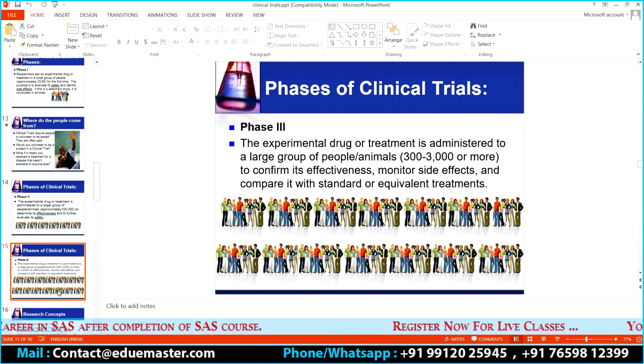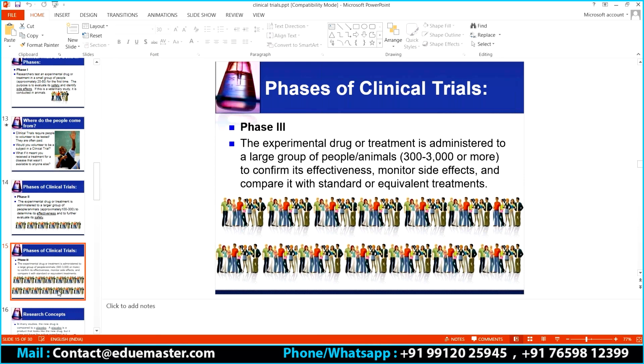Let's say that dizziness is not there, but it is causing some swelling, or it is producing some rashes, or some other problems, then I need to take care of it. Something is not good with my drug. So in phase 3, we extend the group to a larger number. Then we're talking about the effectiveness of this particular drug, and we are also talking about the side effects compared to the existing drug, which is already present in the market, right?